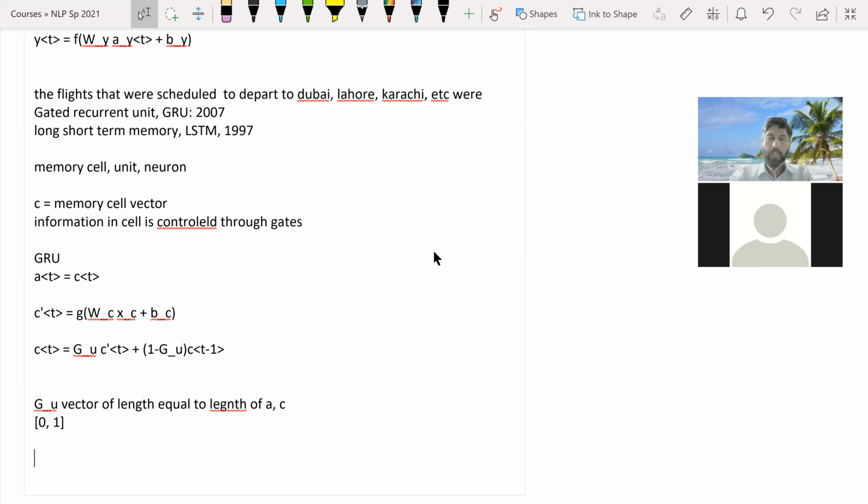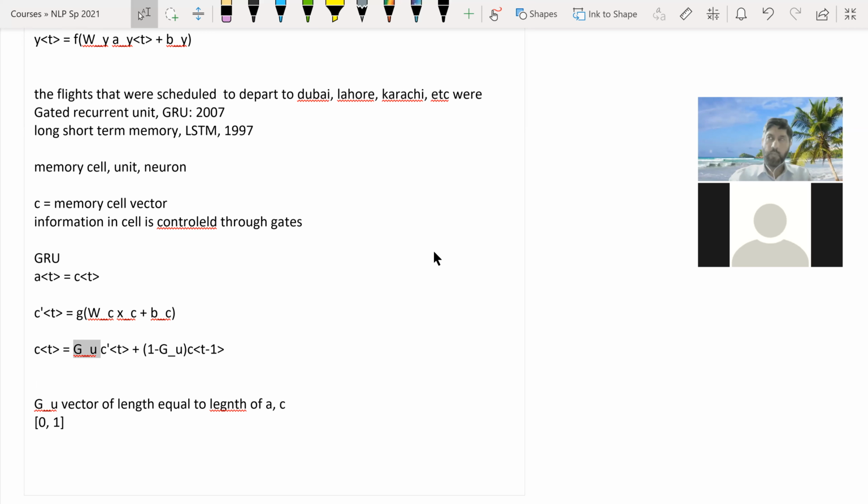at any given point in time, in the equation that I wrote above, let's say this value was 1 at a particular point in time.